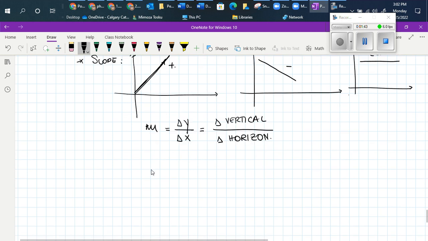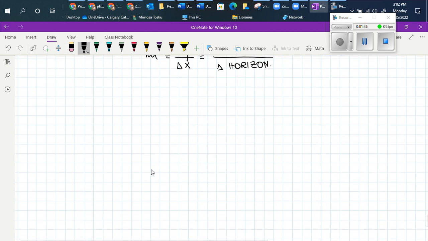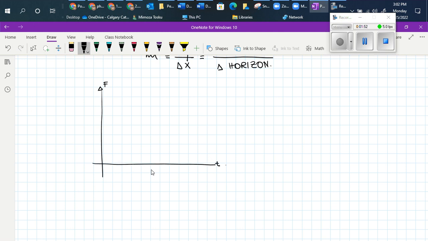So let's suppose that we have a situation that looks like this. We have a force versus time graph, and for simplicity, again, we will say it is in newtons and seconds. We have a line that starts at +5 at 0, and then it goes up to +12 newtons at 2.0 seconds.